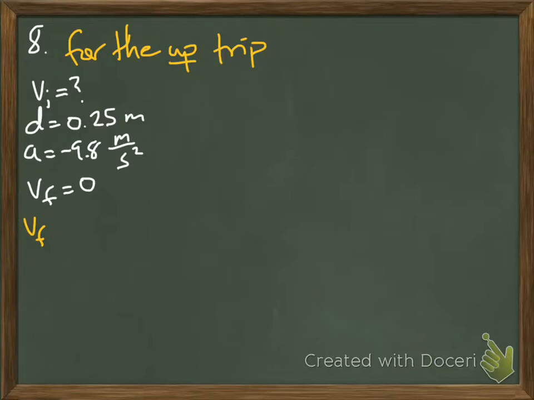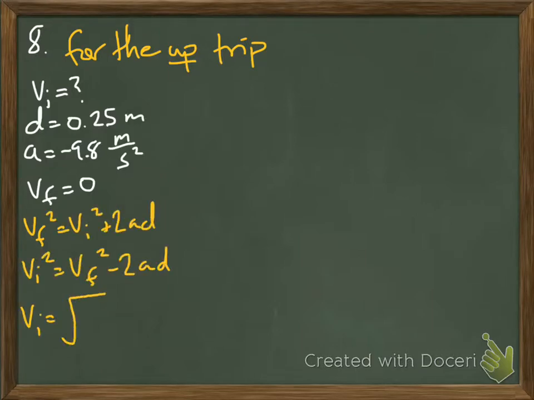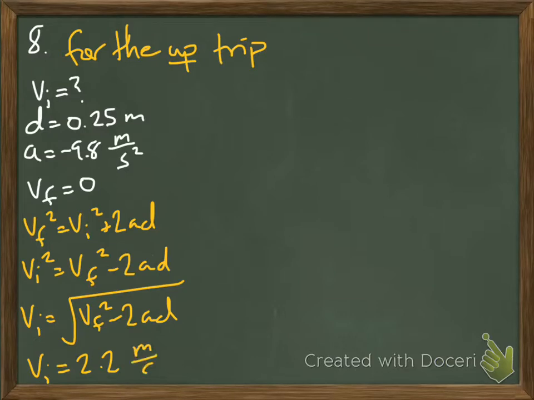We are solving for velocity initial, so take a look at your variables and find a suitable equation. The VF squared one is going to work for us in this case. Let's rearrange it to solve for velocity initial. I'm rearranging this before I even plug in my numbers. Then I'm going to plug in my numbers here, and I can find the velocity initial.